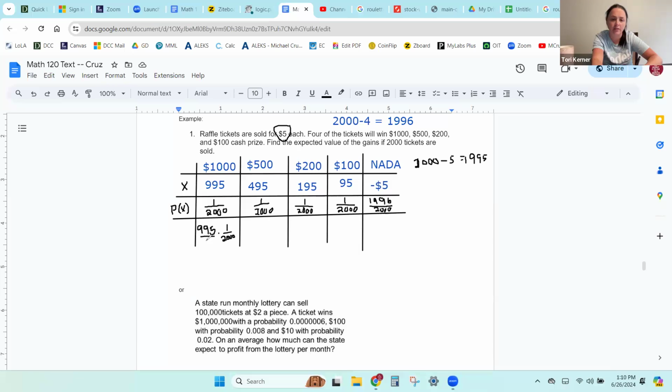And remember, that's 995 over 1. 1,995. What's that? It's 1,995. Oh, for which one? That one, 1,000 minus the $5. $995, right? Oh yeah. I don't know what I'm thinking. I'm thinking about the 2,000.